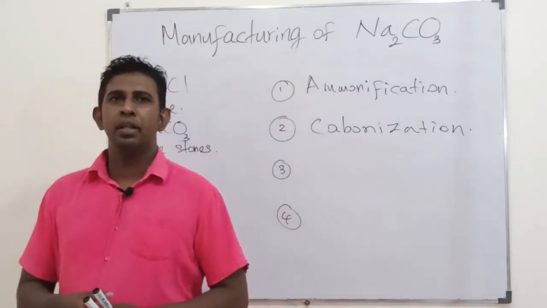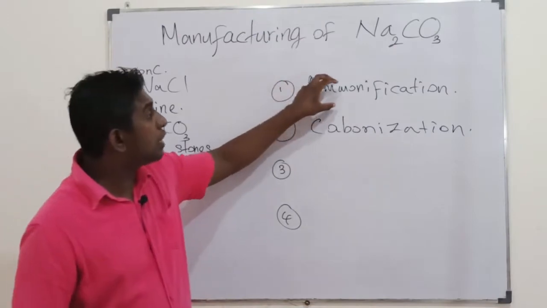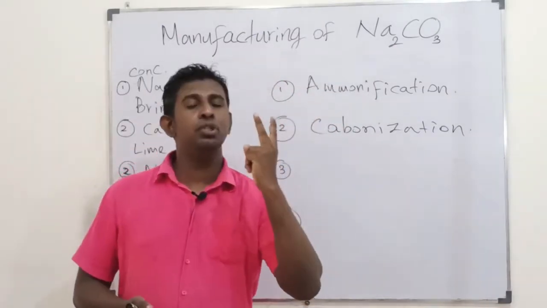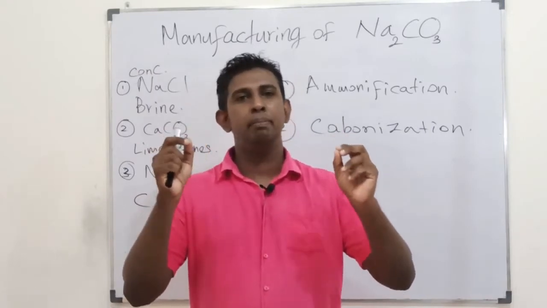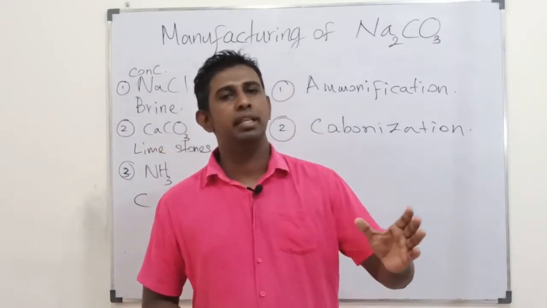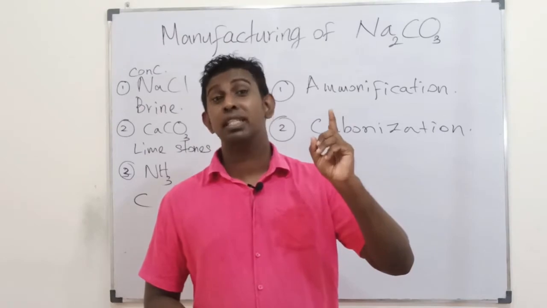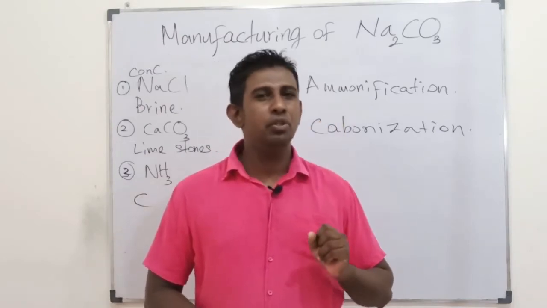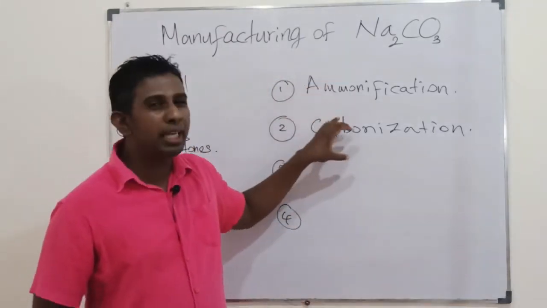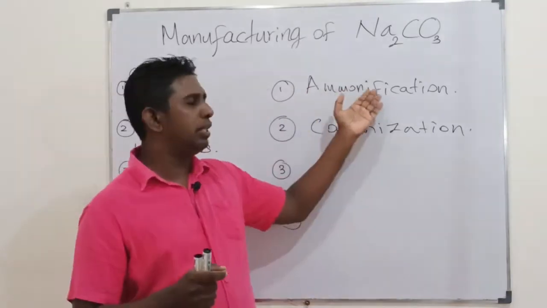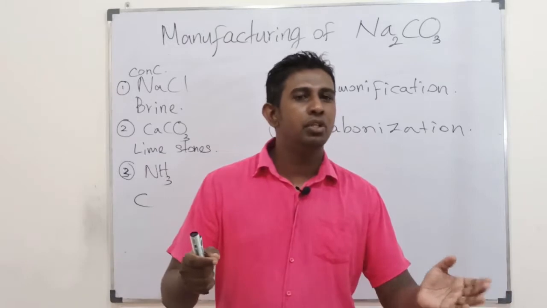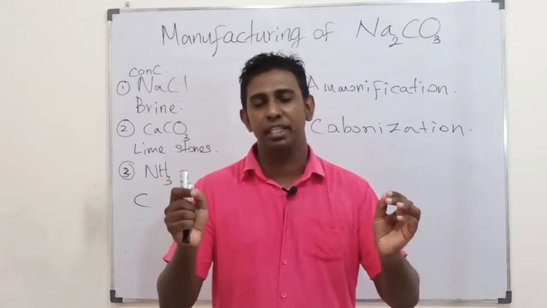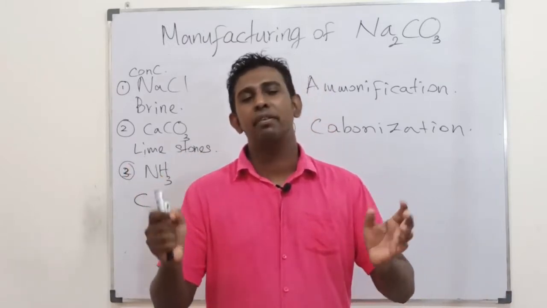Therefore students, those places where we carry out those first two steps, we need to cool. We need to keep the places cool continuously. You need to focus on that as well. You need to maintain those two towers, where you pass ammonia the first time as well as carbon dioxide the next time, cold. You need to cool those two towers.